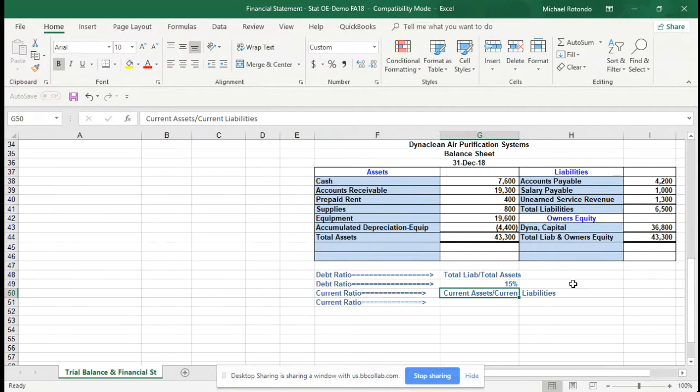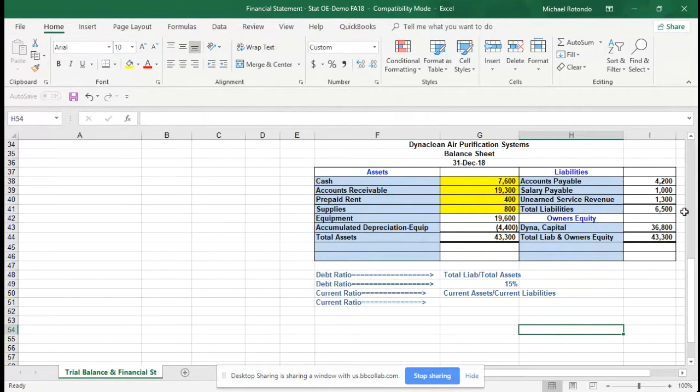If you remember from adjustments, current assets are those assets that are going to be used up or turned over within a year. So if I look at my assets, I can see that these are my current assets, okay? Any account that has an accumulated depreciation account attached to it is not going to be a current asset. Why? Because it's going to last over several periods, okay? So these are our current assets.